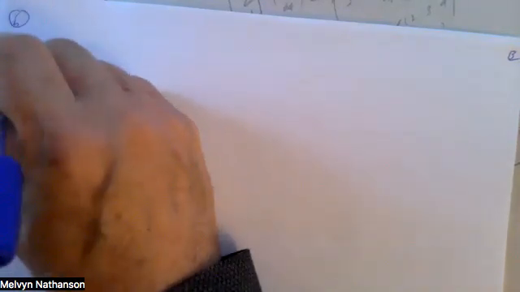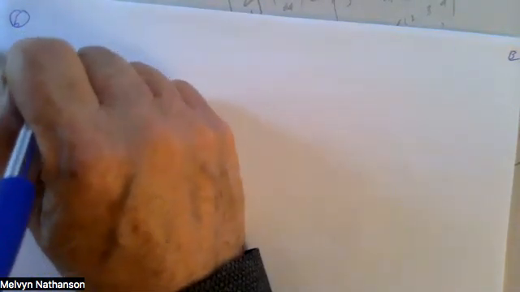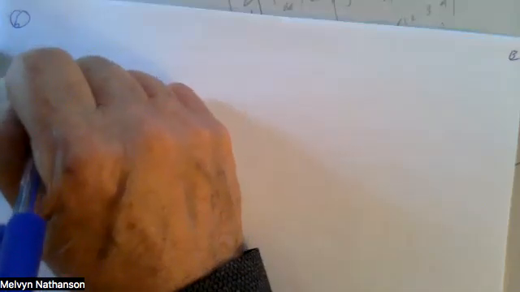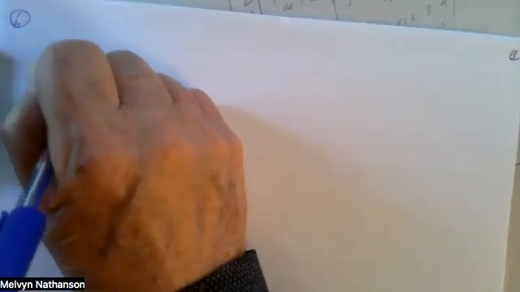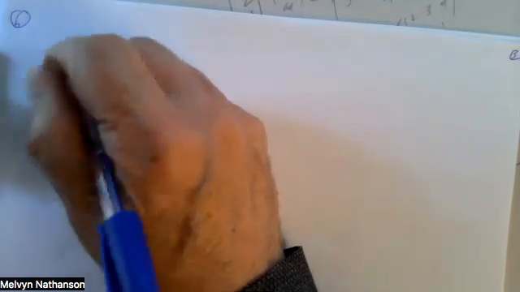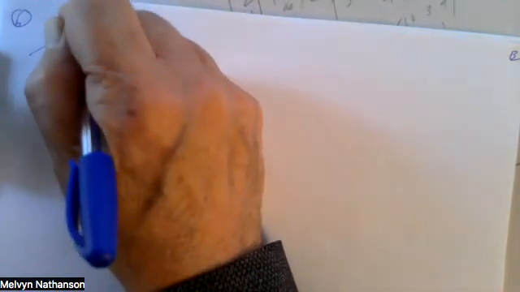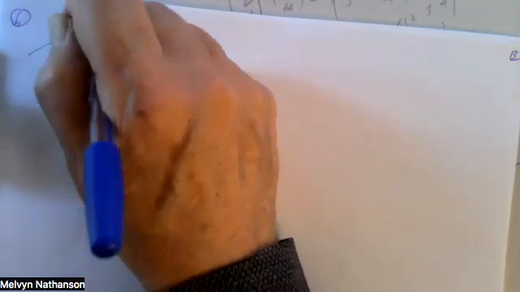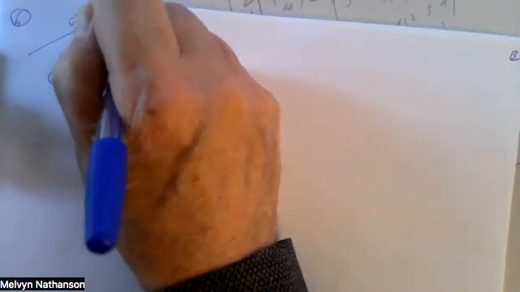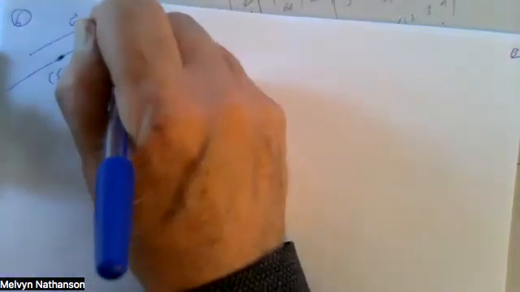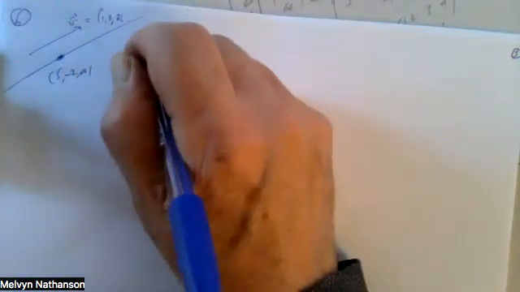Problem 5, we have in space the point 5, minus 2, 4, and we want to find the line going in the direction of the vector v equal to 1, 2, 3. So we want to find the line through this point in this direction.